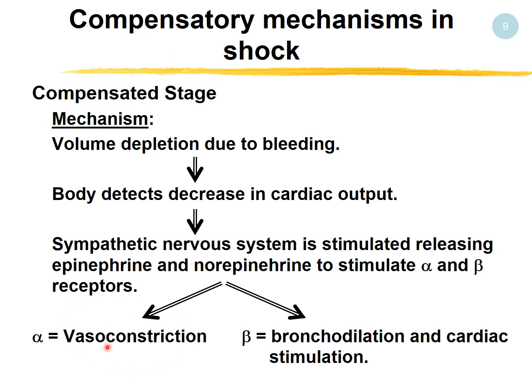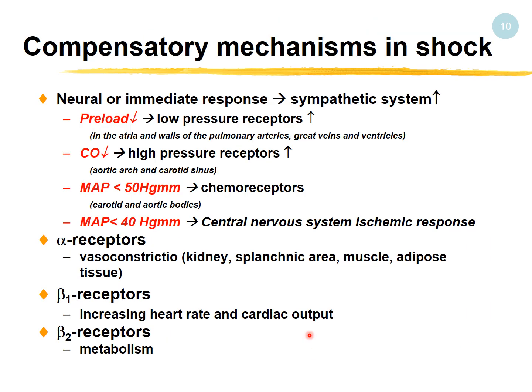This is why cold extremities, for example, are the hallmark of this situation. And bronchodilation and tachycardia can develop due to the release of the sympathetic stimulation. The neuronal and immediate response occurs, and that initiates the sympathetic system.